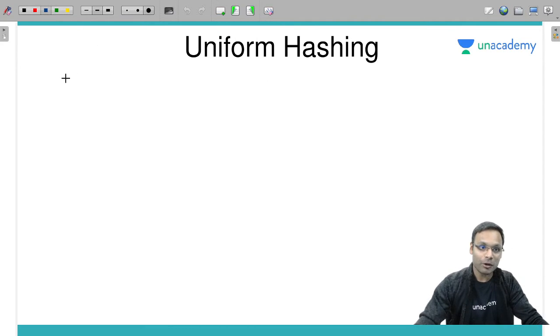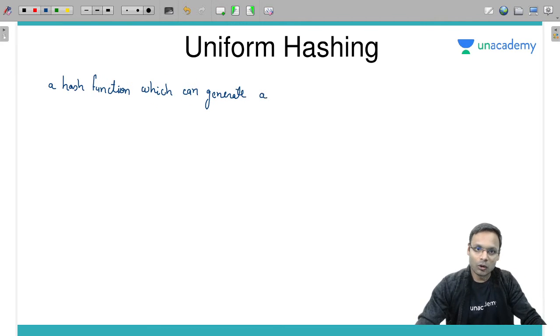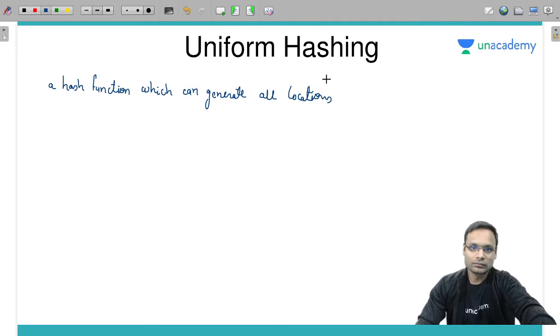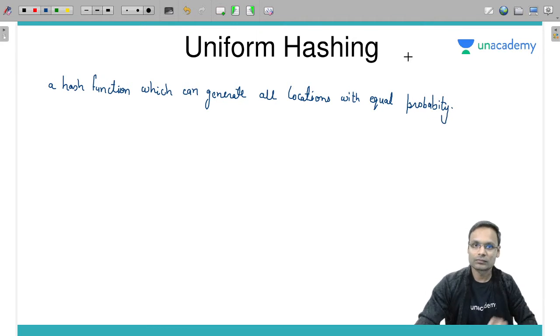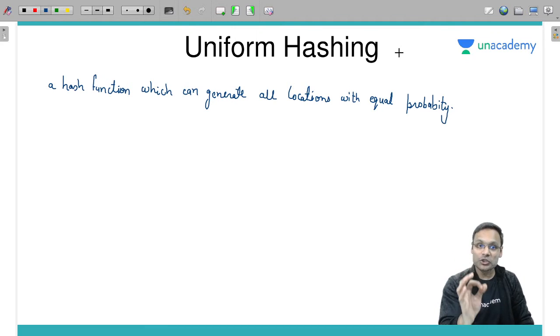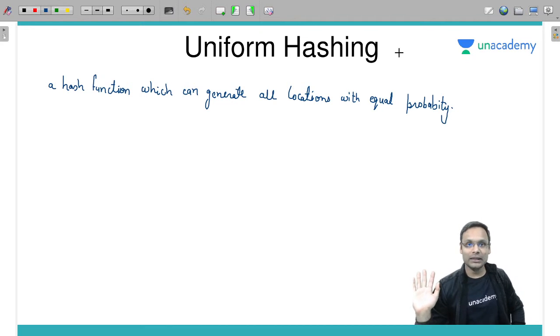So what should I write here? Uniform hashing means a hash function which can generate all locations with, look at this word, equal probability. सारे लोकेशंस आपकी रेंज में जनरेट होना चाहिए with equal probability.